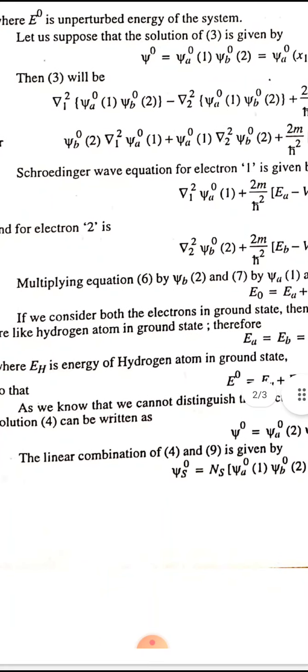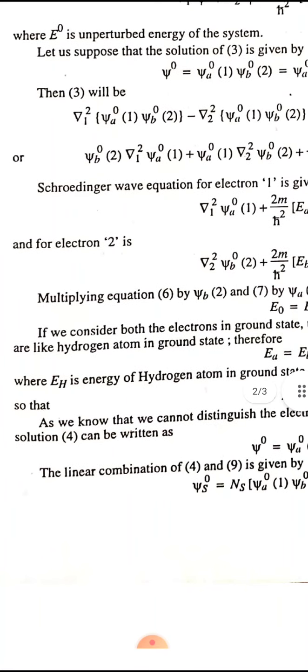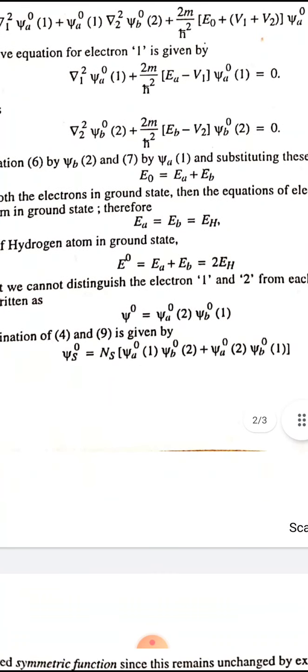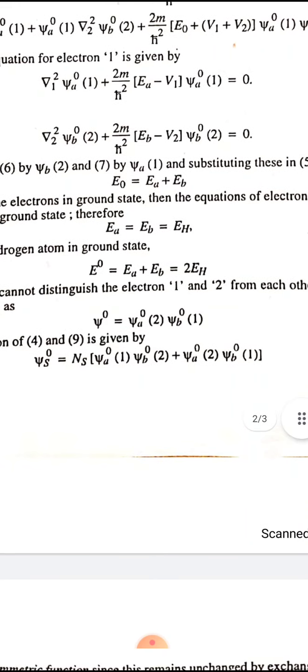Now, multiplying equation 6 by psi B and equation 7 by psi A, then substituting these in equation 5, we get E0 equals EA plus EB.